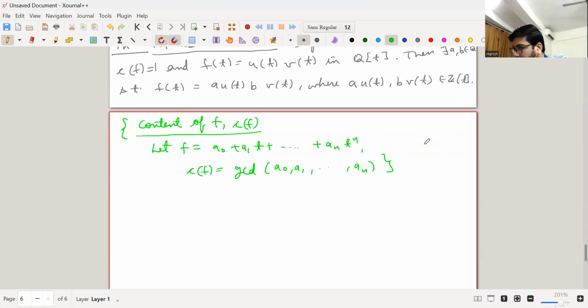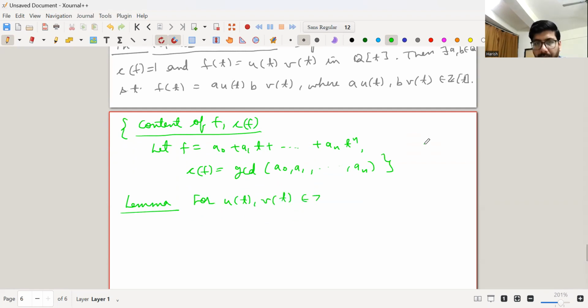The content is multiplicative also. There is a lemma which is also used in this proof, and it's an important lemma, so let me write it.